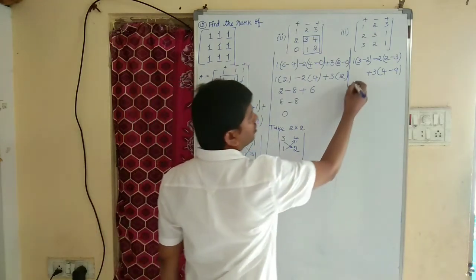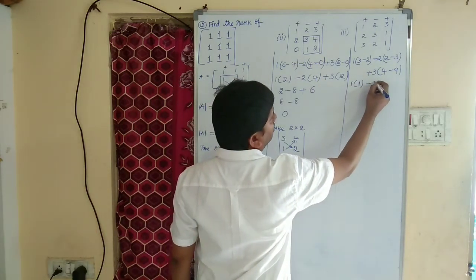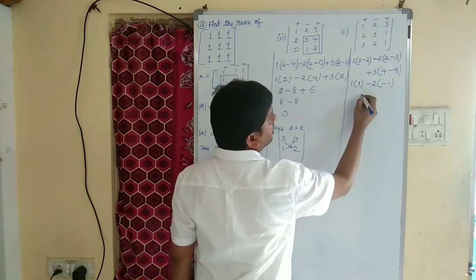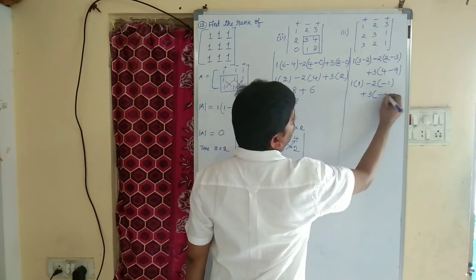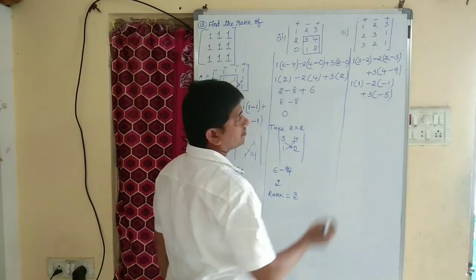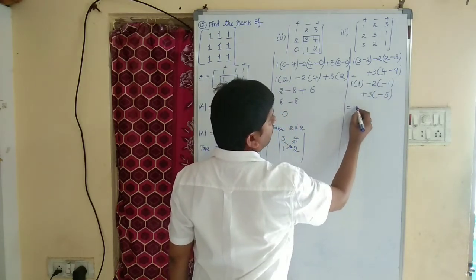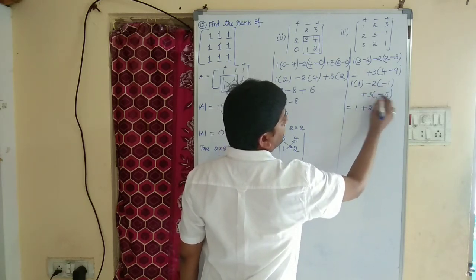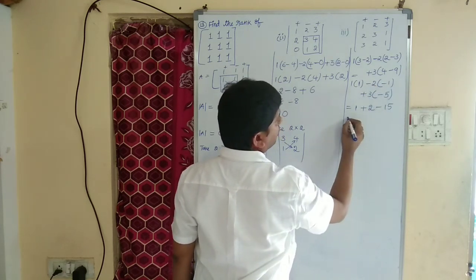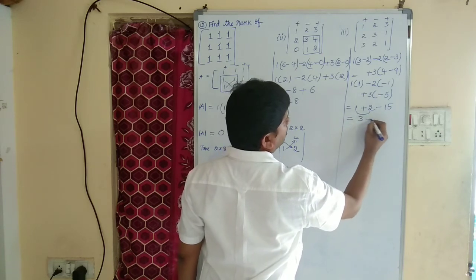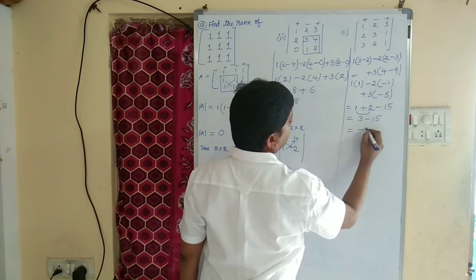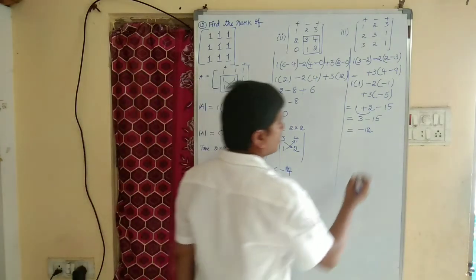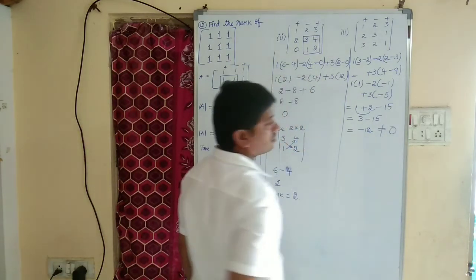So 1 into 3 minus 2 is 1, minus 2 into 2 minus 3 is minus 1, plus 3 into 4 minus 9 is minus 5. So 1 1 ja 1, minus into minus plus 2, 1 plus 2, plus into minus is minus, 3 5 ja 15. 1 plus 2 is 3, minus 15. So 3 minus 15, that is equal to minus 12. So the determinant of the given matrix is not equal to 0.